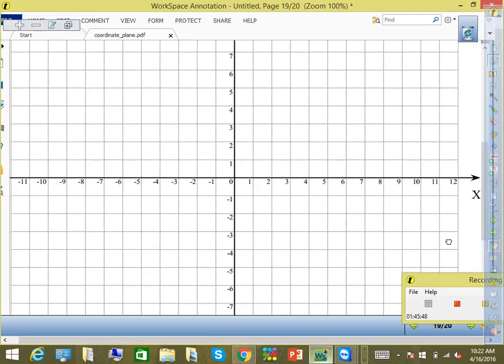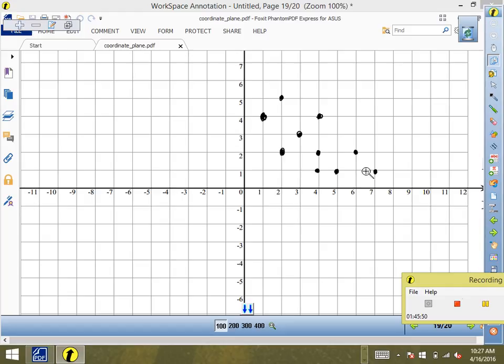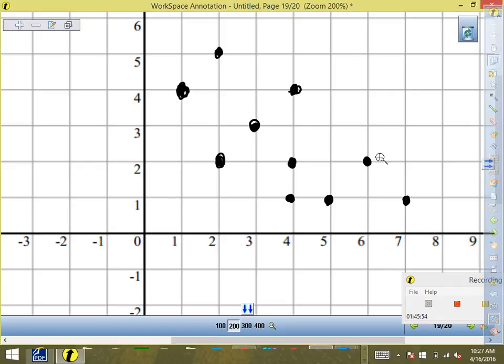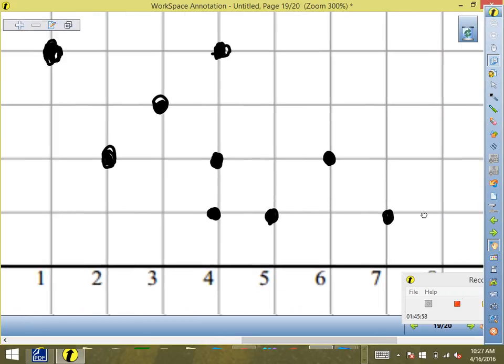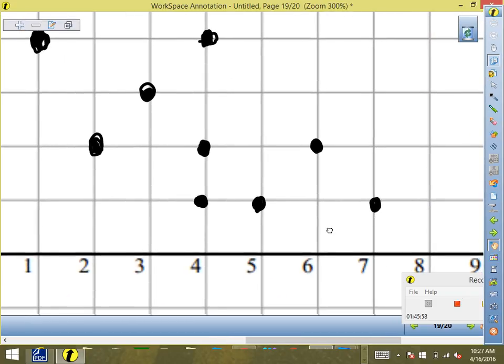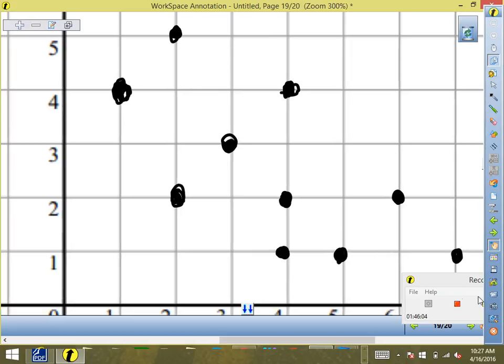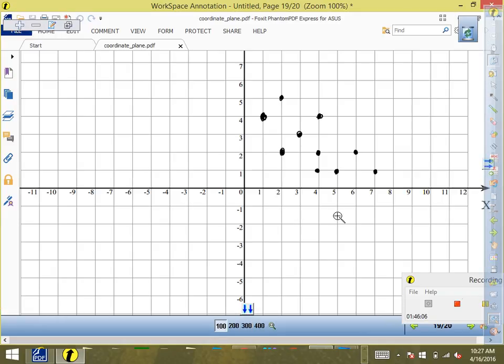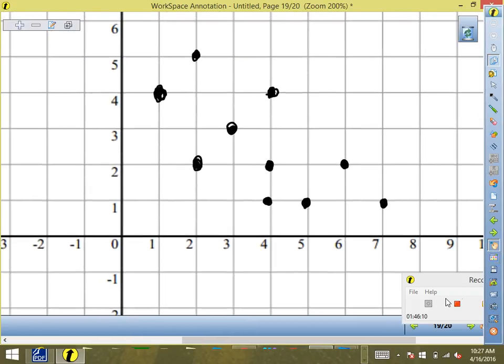Make another one, please. I'll give you some time. So, okay, let me zoom in one more time. One at 7, 1, and these over here. All right? So, look up, please.